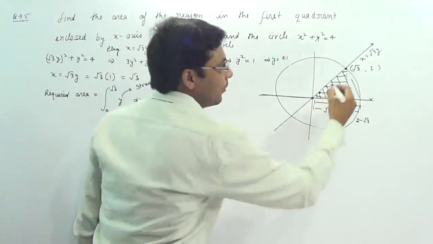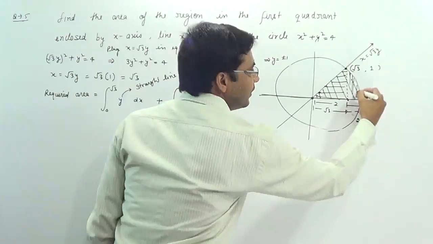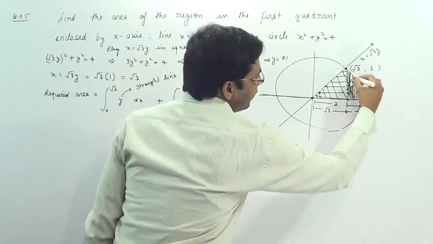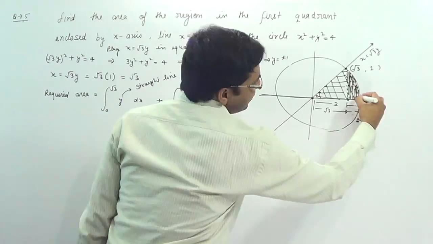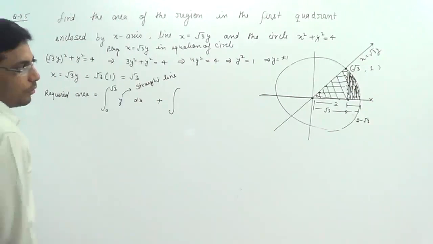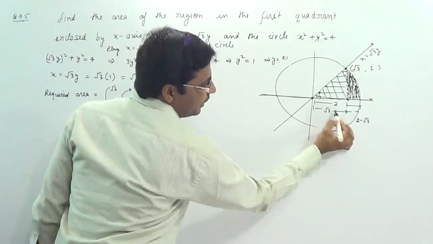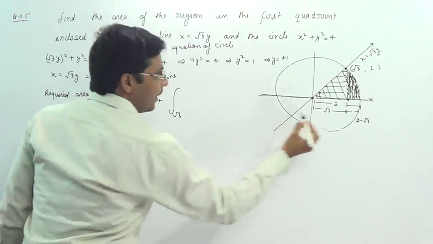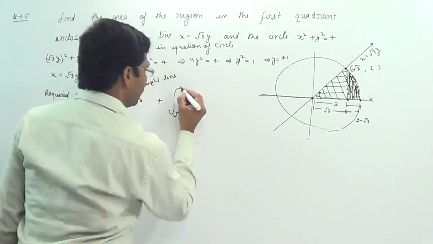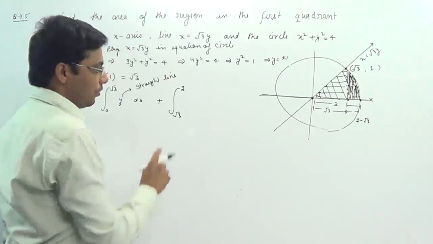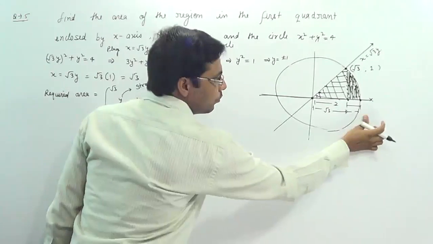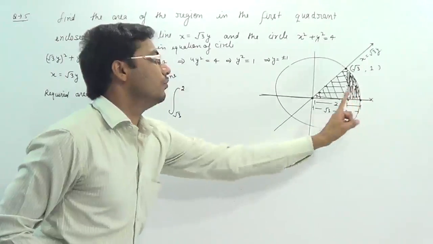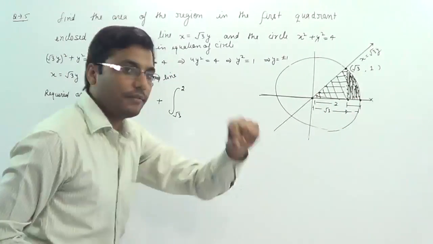But now we want to calculate the area under the circle, this one. Now you can see it clearly, this area. To calculate this area, this point is √3 because the distance between this point and this point is √3, and this is 2, the radius of the circle.